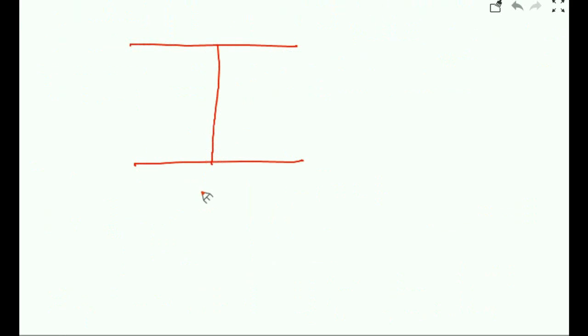This is given A to B. This is the velocity of the river and this is the velocity of the boat. Suppose this is the direction of the boat. I am selecting theta with the AB line.